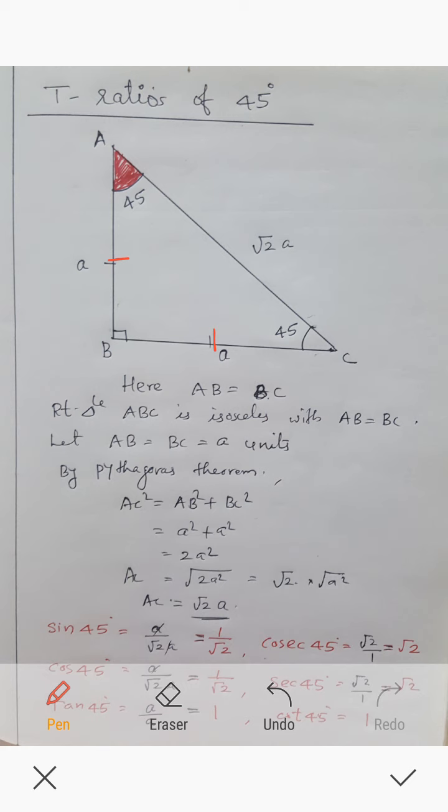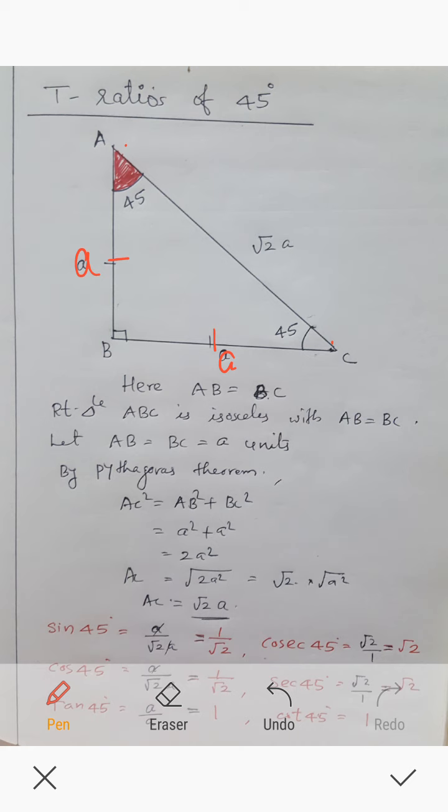The sides other than hypotenuse, here hypotenuse is AC, the sides other than hypotenuse are side AB and side BC, they are equal. For finding the trigonometric ratios of 45 degree, let us consider the equal sides of the triangle are of A unit. That means AB equal to BC equal to A units.